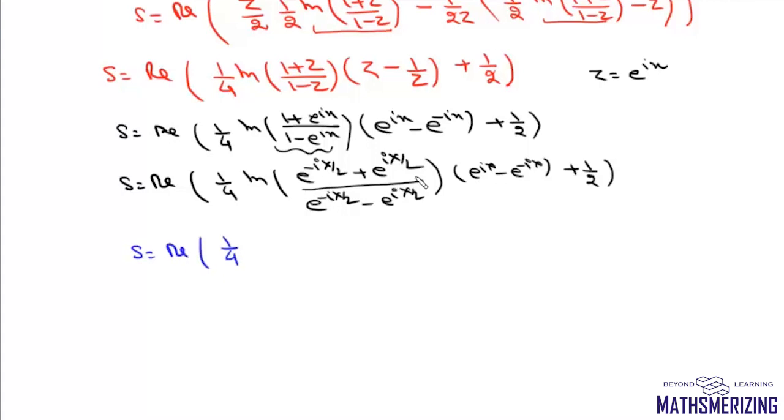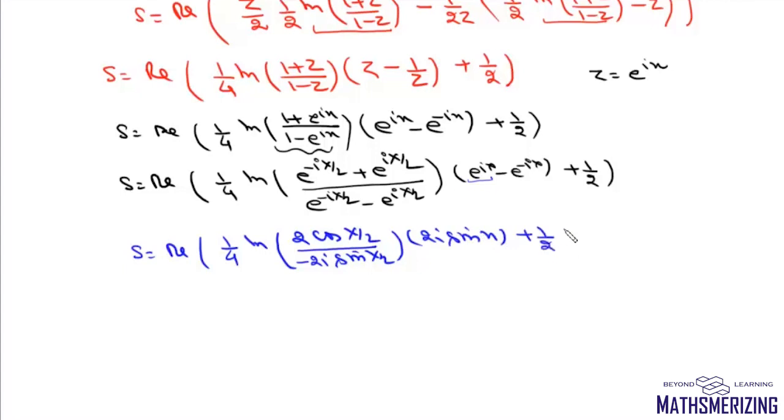So now we know that e to the power iota theta plus e to the power minus iota theta is 2 cos theta. So we can write this as 2 cos x by 2, and here in the denominator it will be minus 2 iota sin x by 2, and this is cos theta plus iota sin theta minus cos theta minus iota sin theta. So it will simply be 2 iota sin x and then plus 1 by 2.